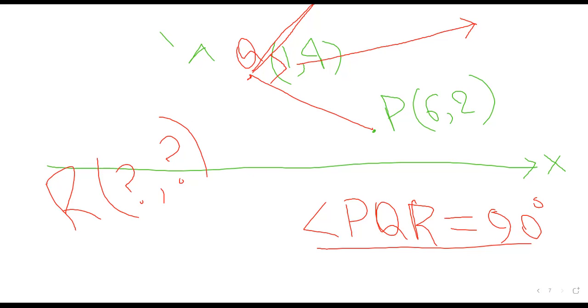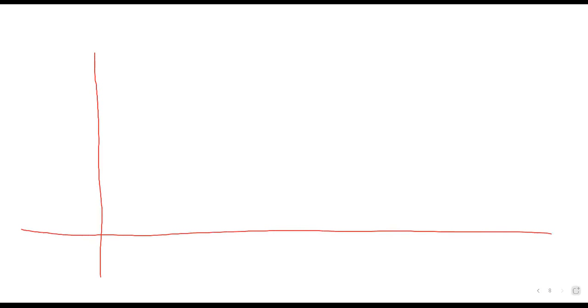which leaves the choice of 3 and 9. Let's suppose you have the coordinate plane just like that. I am just going to draw these 2 points. P is 6, 2.